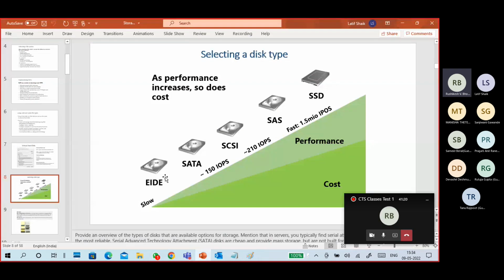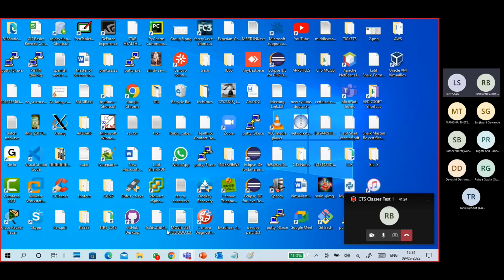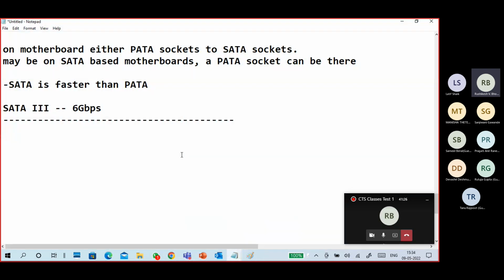Next is SCSI, pronounced Scuzzy, small computer system interface.